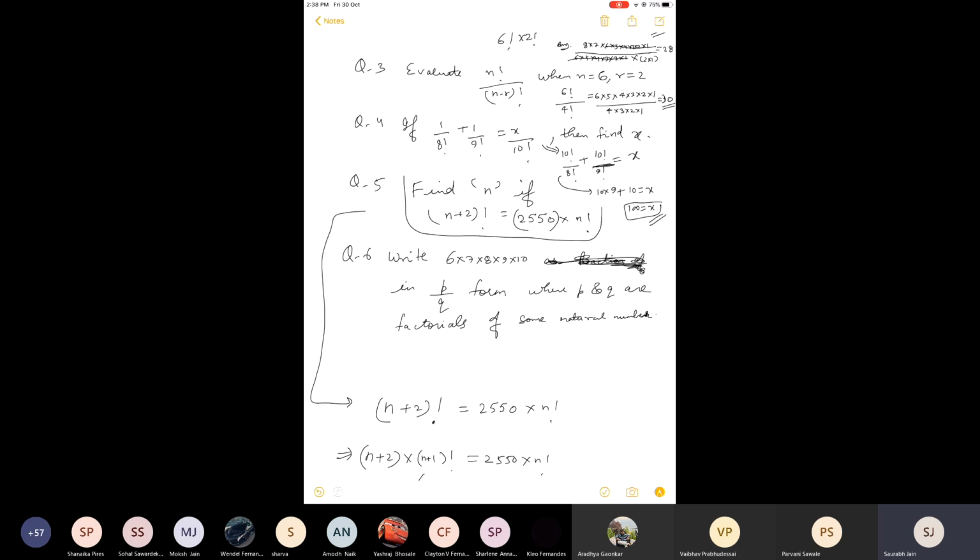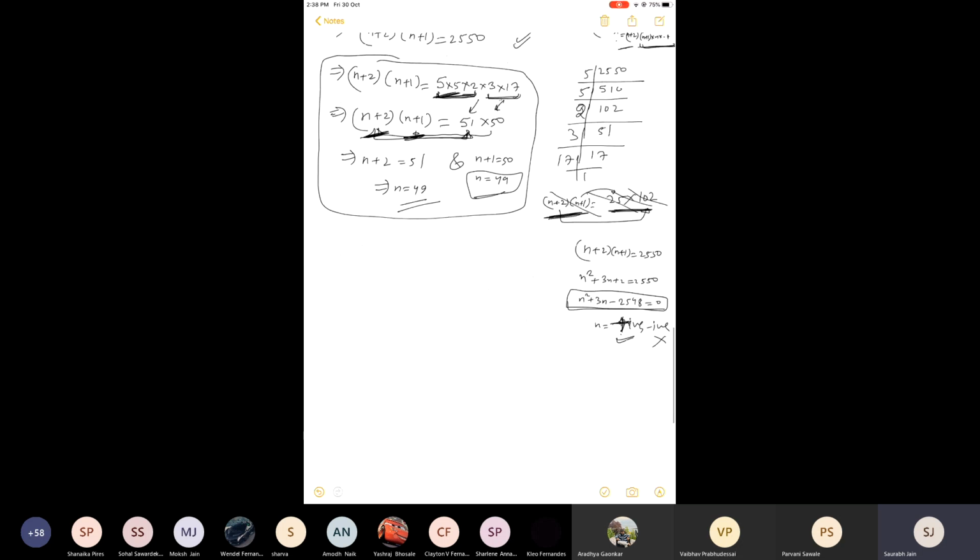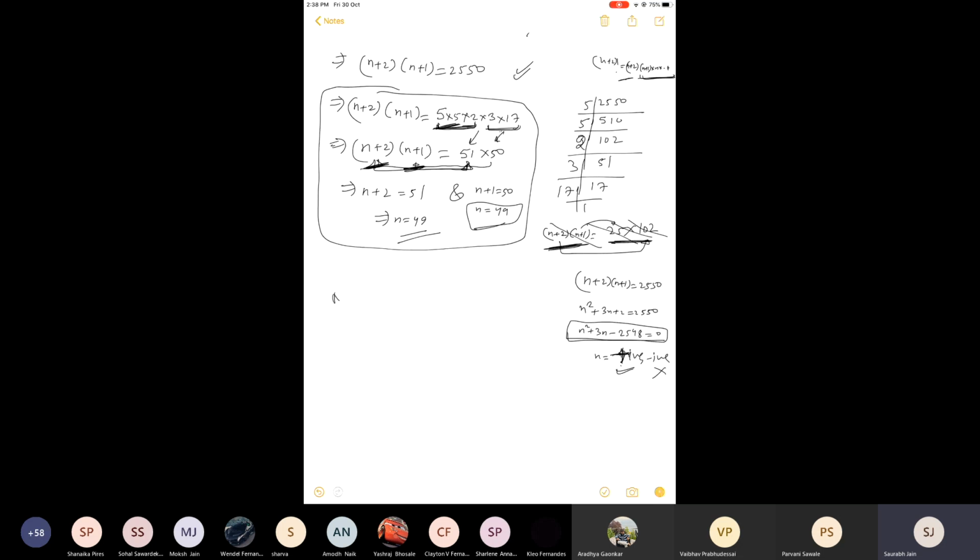Why? Because if you put n equals minus 50 here, then minus 50 factorial does not exist in mathematics. If you have observed, we started with 1 factorial, 2 factorial, 3 factorial, 4 factorial, and I told you one extra term, 0 factorial. But there is nothing like negative factorial or square root factorial or decimal factorials.